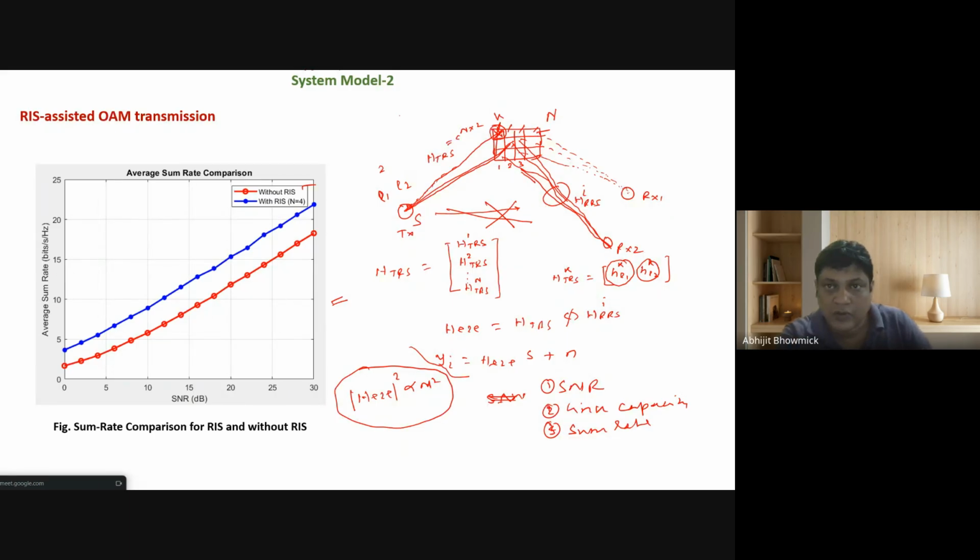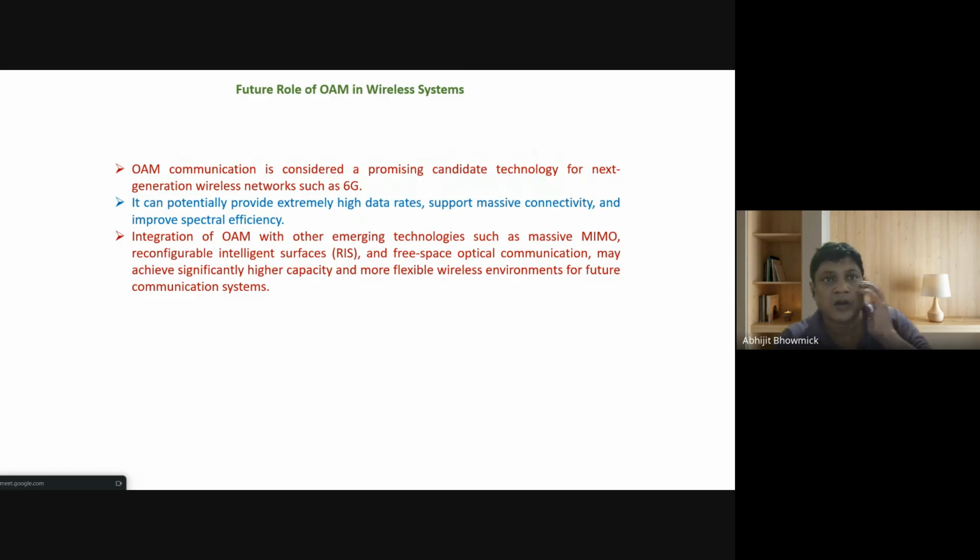So that's all for today. Now I'll conclude. OAM communication is considered as a promising candidate technology for next generation wireless networks such as 6G. It can potentially provide extremely high data rates, that I already mentioned, and support massive connectivity because all the modes are orthogonal to each other. They can't interfere with each other.